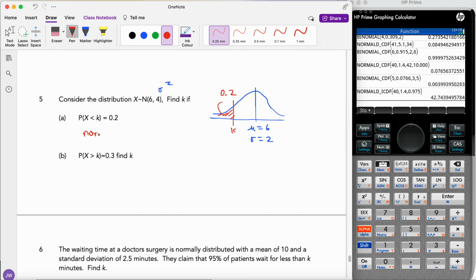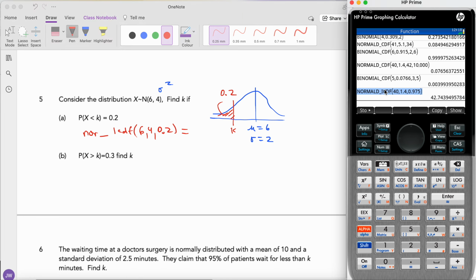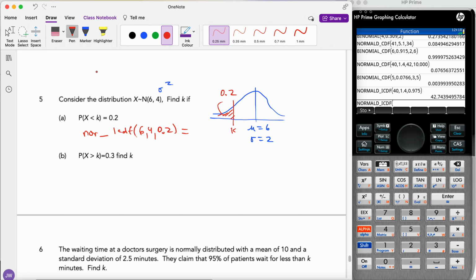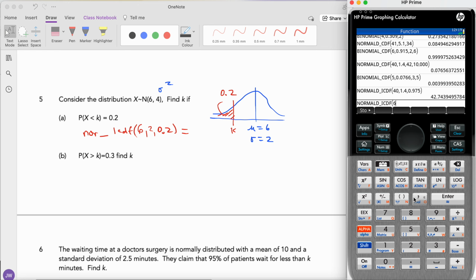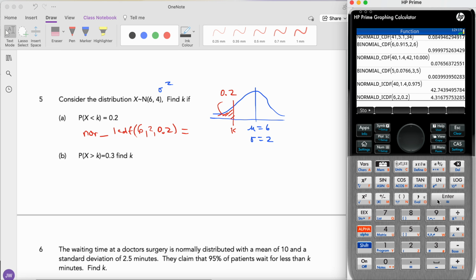So we're going to go to normal I, the inverse, and then all we have to put in is 6, 2, and 0.2. Okay, then we have 4.31.